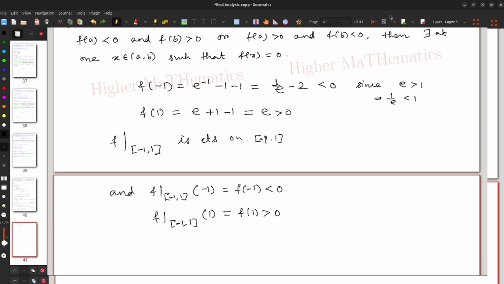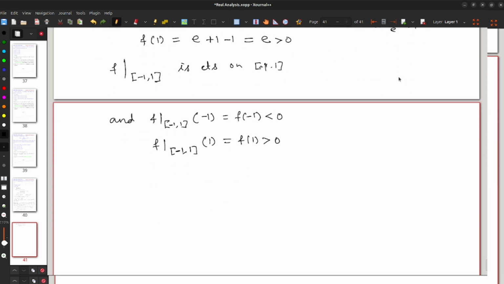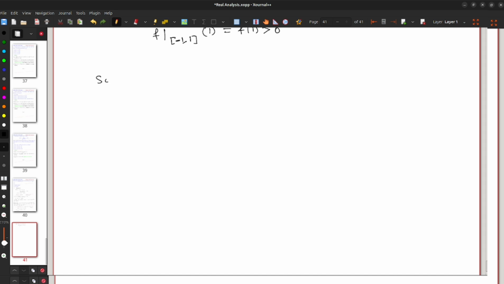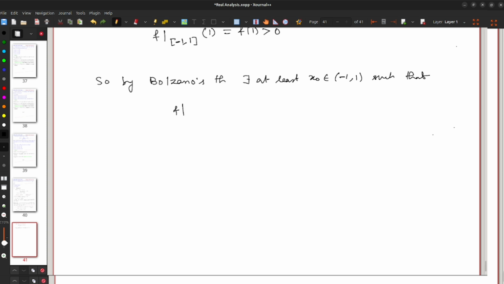Therefore, by Bolzano's theorem, we can say that there exists at least a point x0 in the open interval minus 1 comma 1 such that f restricted applied on x0 equal to 0. That means f of x0 equal to 0.